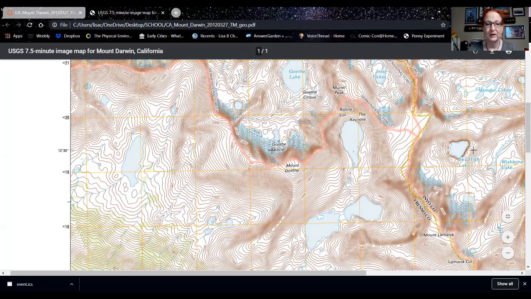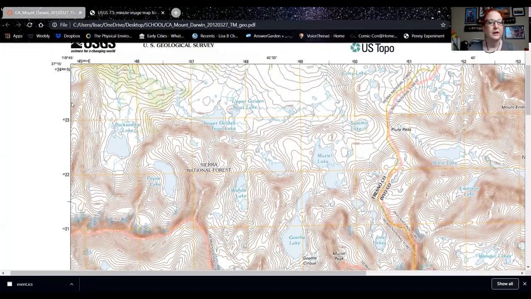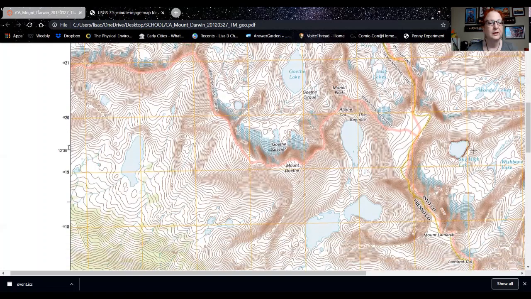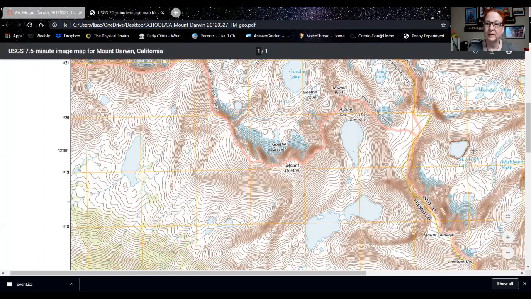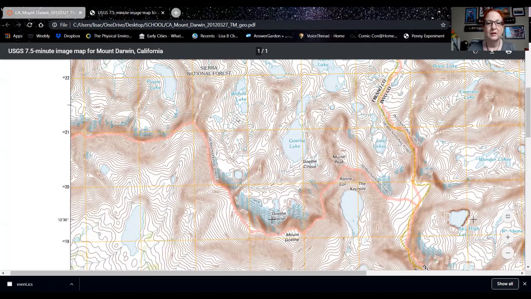That hash mark at Goethe Glacier is taking this section right here, 42:30 to 45 and 37:15 down to 37:12:30 and making it a 2 minute, 30 second map, so that you can look in this whole area.